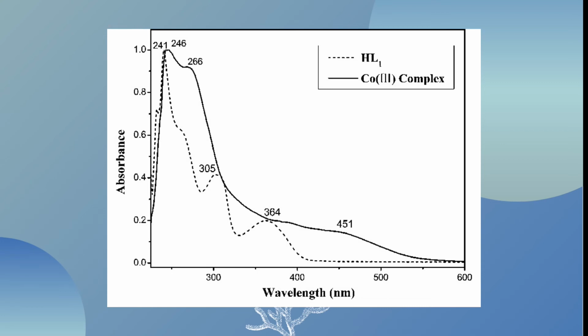The cobalt-3 complex with 3d6 electronic configuration would be assigned to 1G(F) to 1G(P) d-d transition of cobalt-3 ion in an octahedral environment.